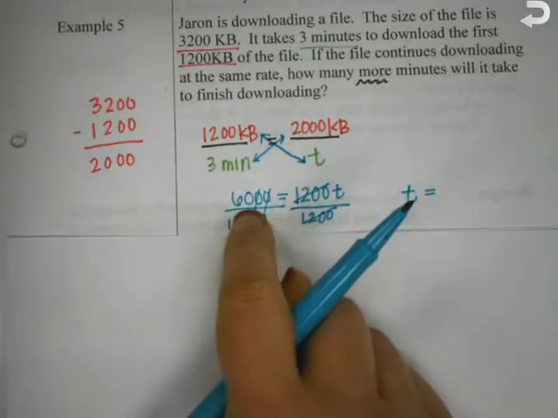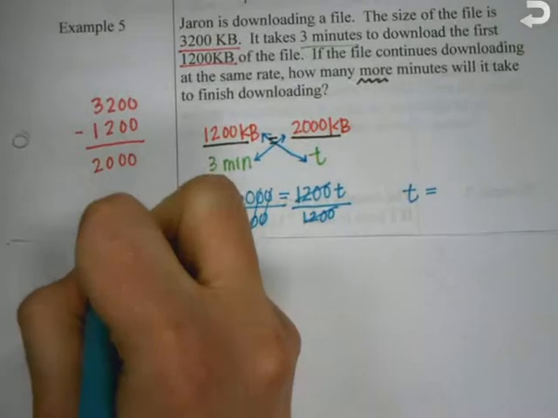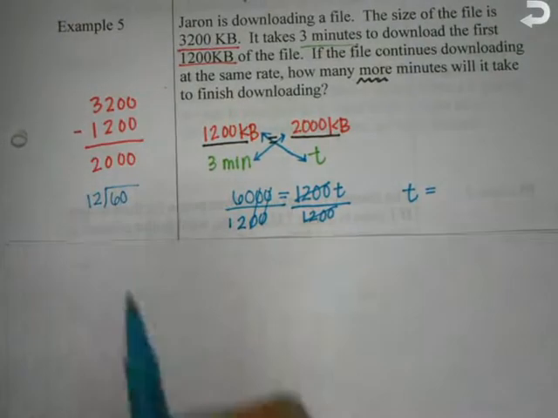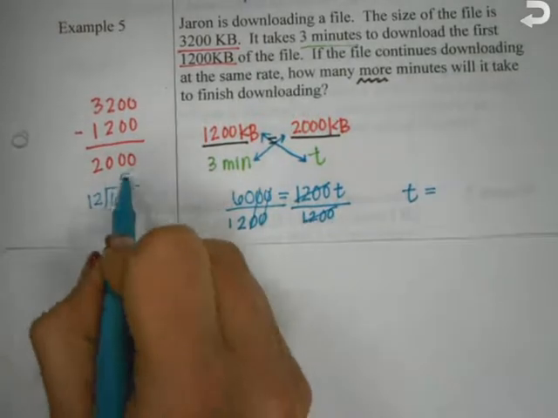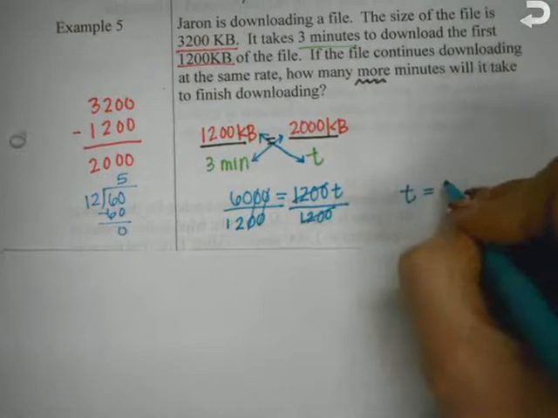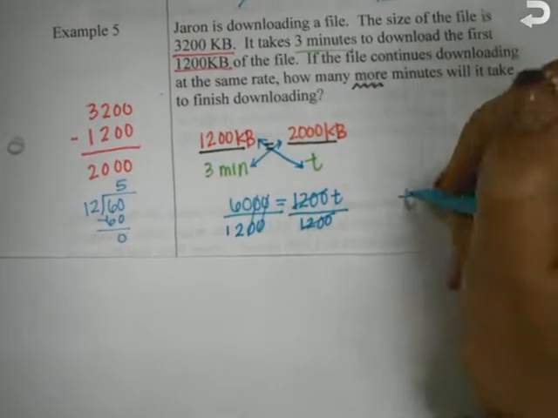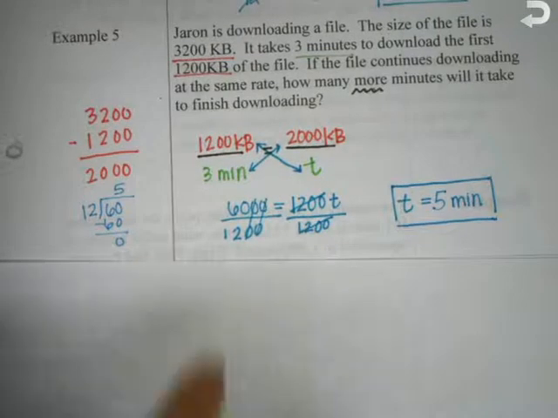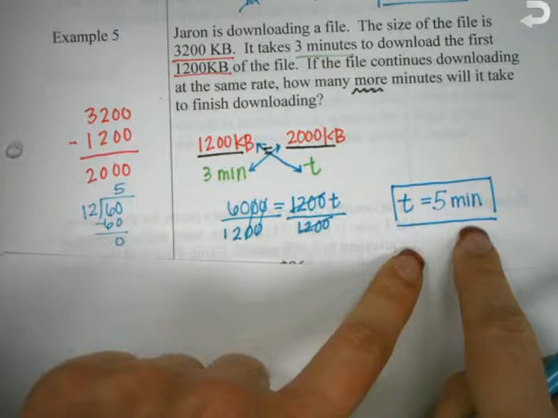How many times does 12 go into 60? 5 times, and that gives us 60, correct? So we have t equals 5 minutes left. So to finish downloading the last 2,000 kilobytes, it's going to take us 5 minutes. So how many minutes total did it take? 8. So long.